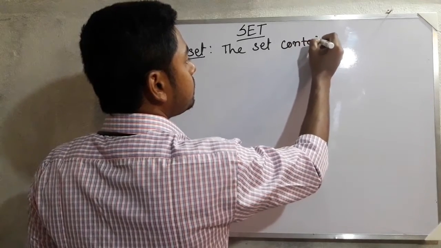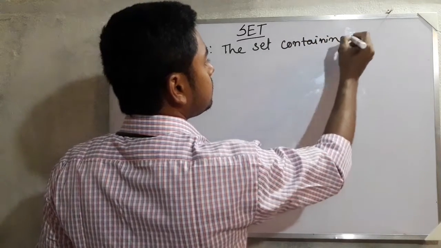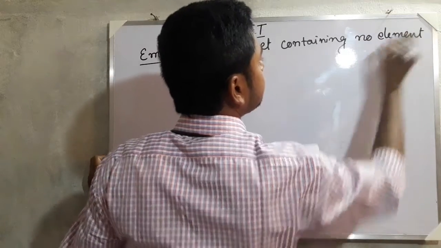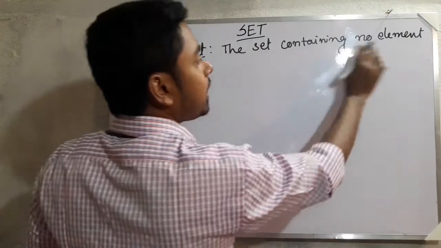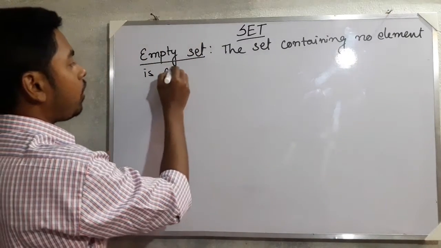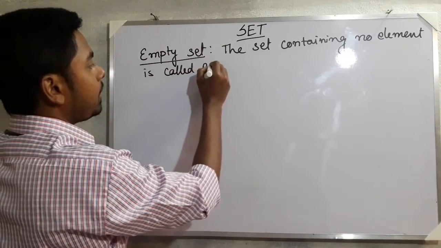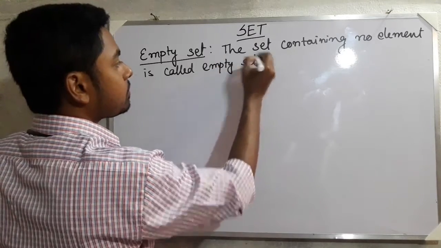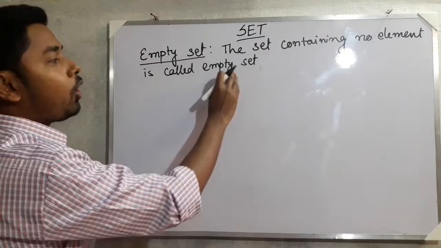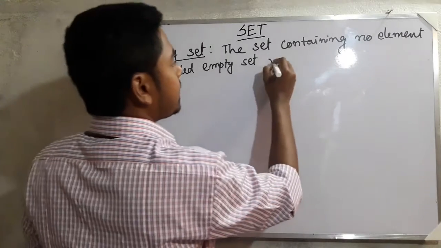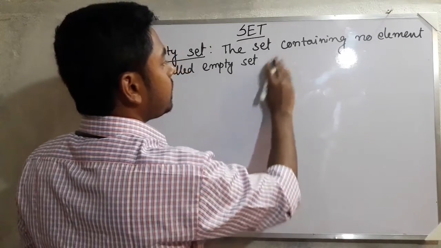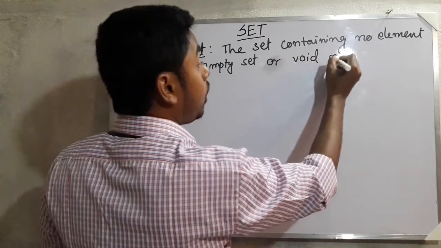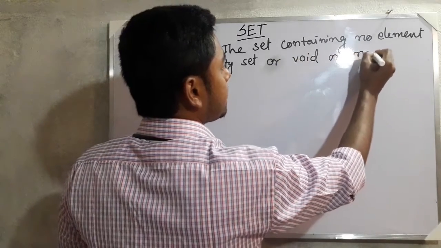The set containing no element is called the empty set. The empty set can also be called a void set or a null set.